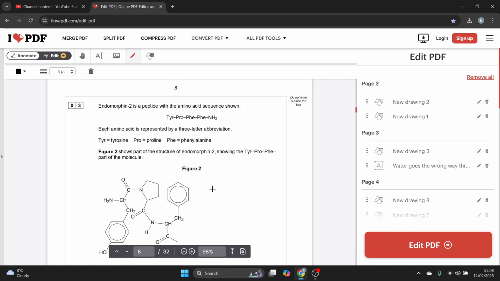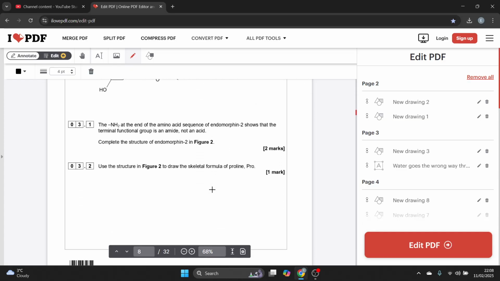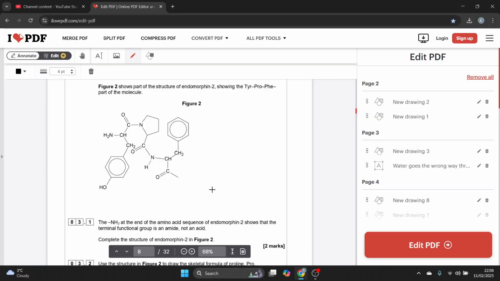And what I want to do is show that the terminal functional group is an amide, not an acid.